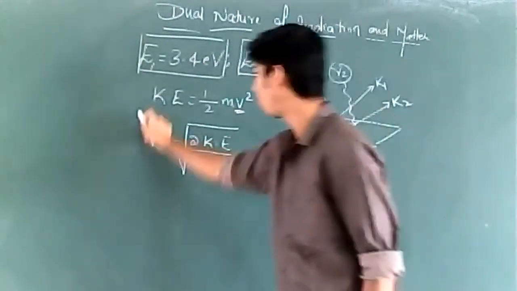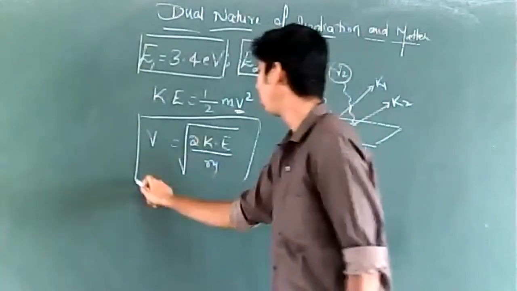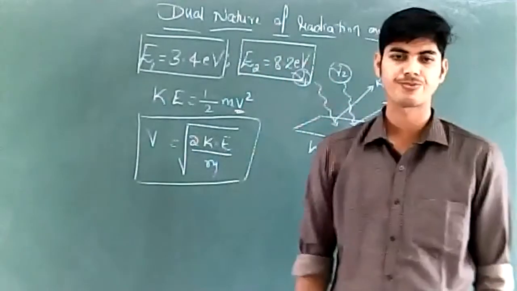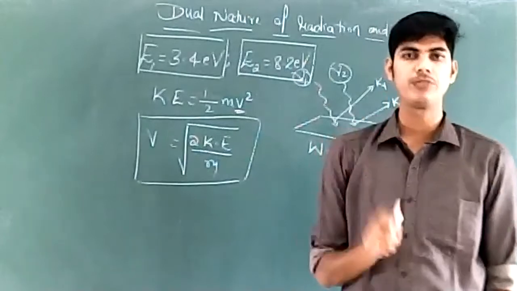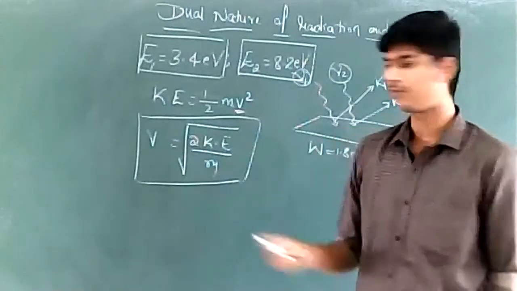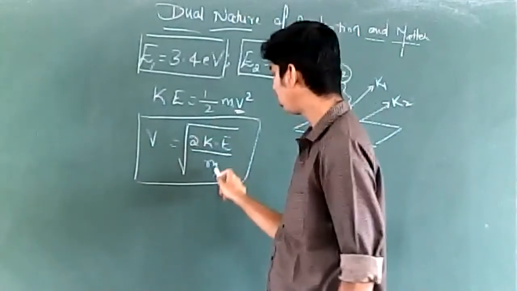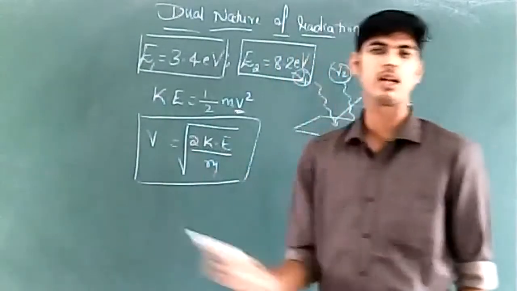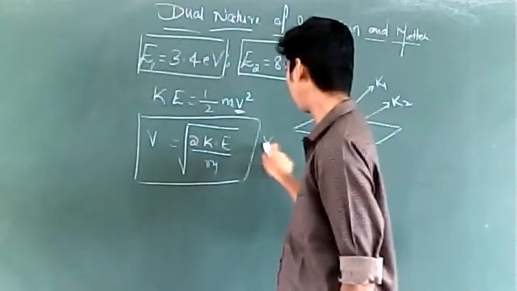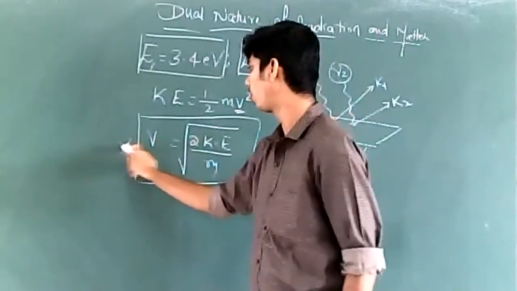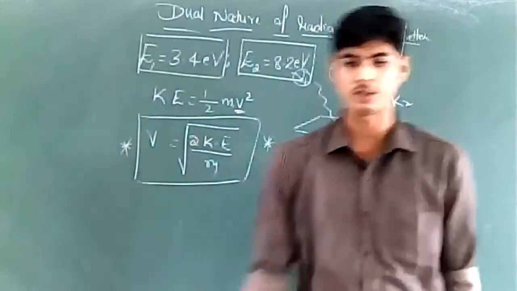This is the formula for calculating speed of the photoelectron. Make note of this formula.